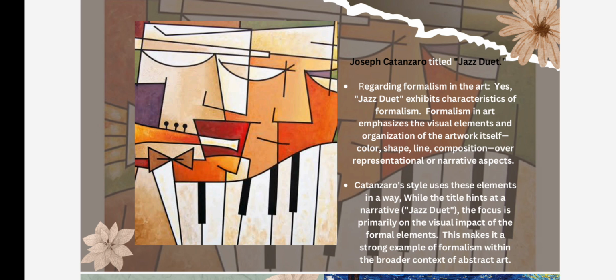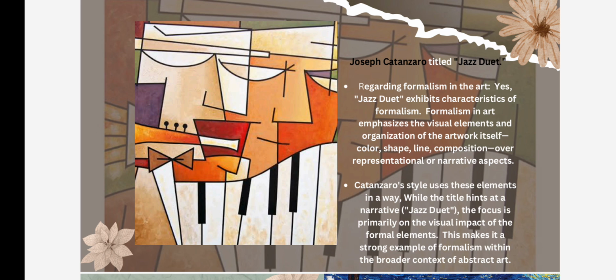In this slide is the example by Joseph Cartanzaro titled Just Do It. Regarding formalism in art, Just Do It exhibits characteristics of formalism. This art emphasizes the visual elements and organization of the artwork itself, by its color, shape, line, and composition, over the narrative aspects.